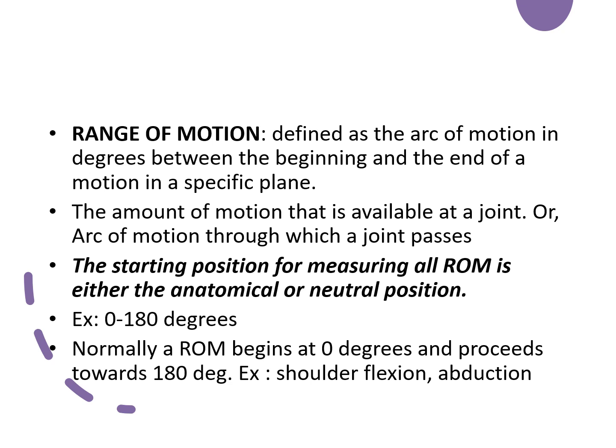All the range of motion we are going to learn in later classes using the goniometer will be done in either the anatomical or the neutral position, so remember them. And I hope you understood what range of motion is: the arc of motion in degrees happening between the beginning and the end of the motion in a specific plane.